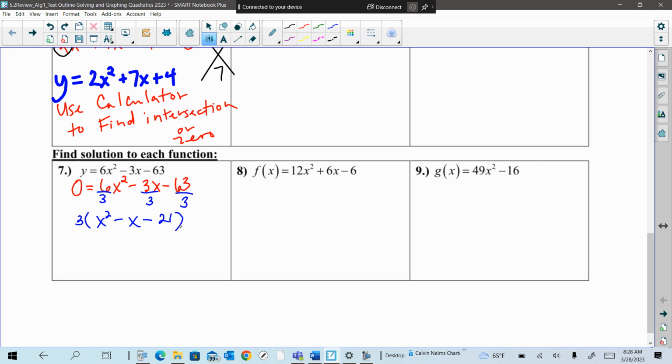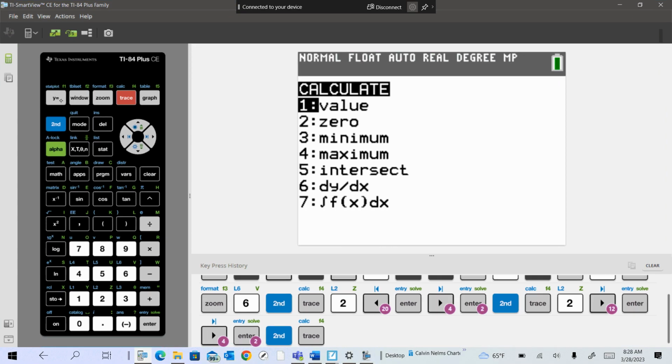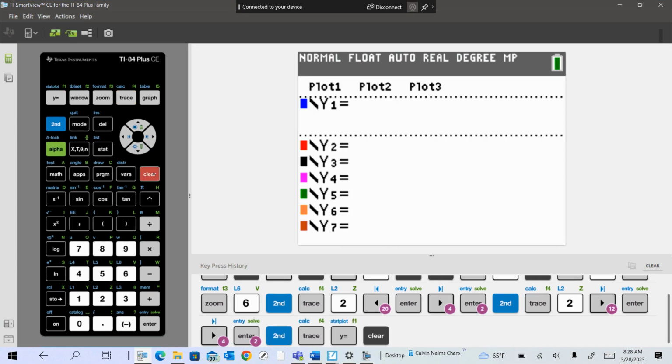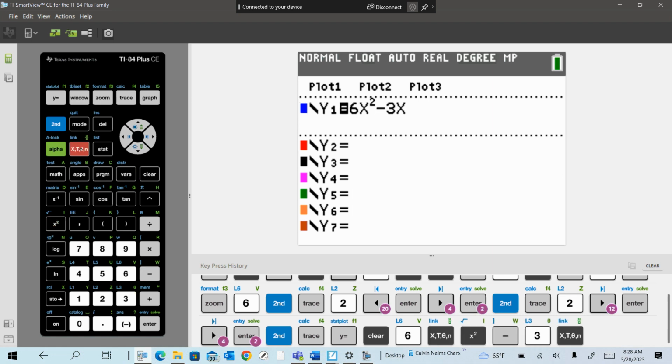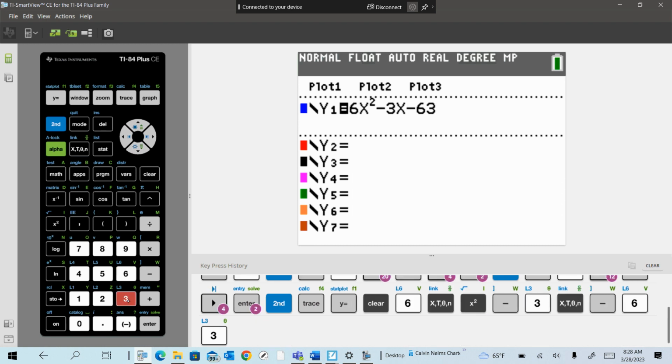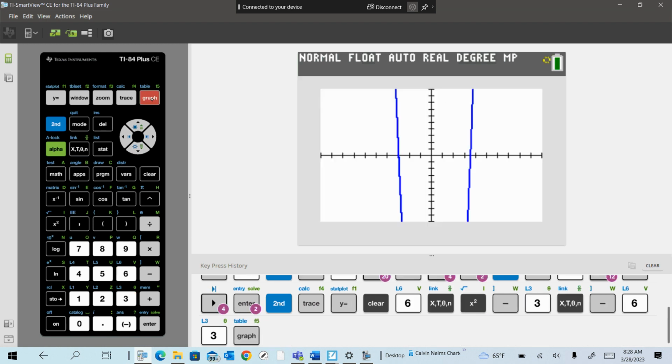All right. If you're using your calculator, so I'll go to my calculator. I have to go to y equals, I have to put in the trinomial, which was 6x squared minus 3x minus 63. And then we hit graph. And even though I don't see the vertex, I don't see where it curves, I can see that it crosses the x-axis at 2 spots.